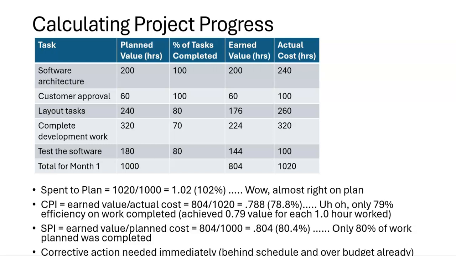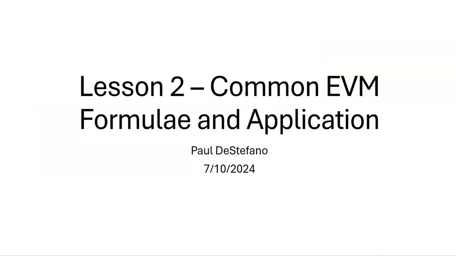And below that, we basically showed the spend to plan was right on, 1,020 out of 1,000, and we showed the CPI, SPI, but I'm going to go into more detail now in lesson 2, common EVM formulae and the application of those formulas. And I'll repeat the cost variance, the schedule variance, and CPI and SPI measurements.